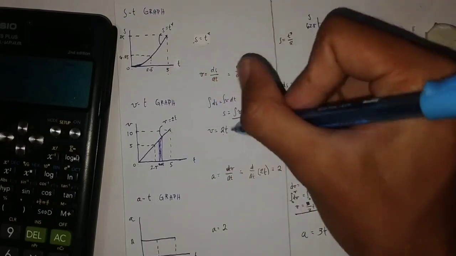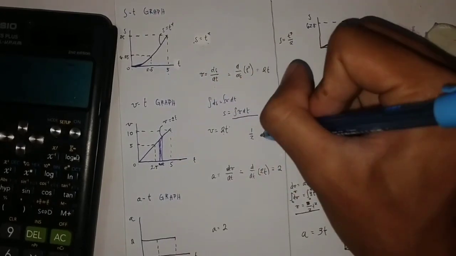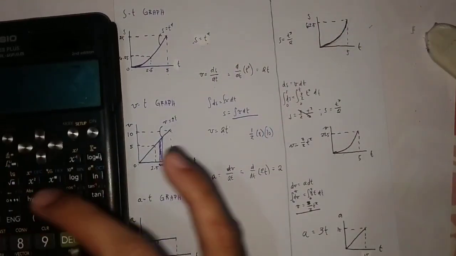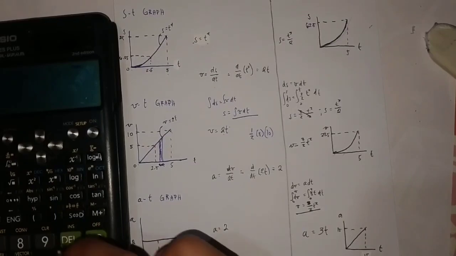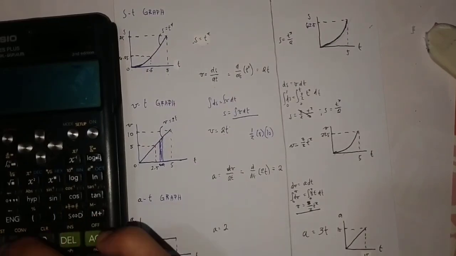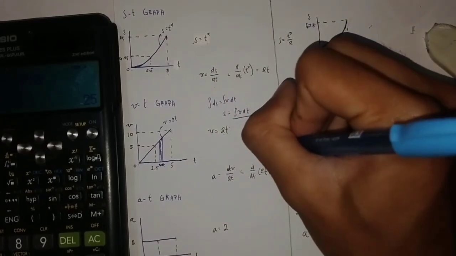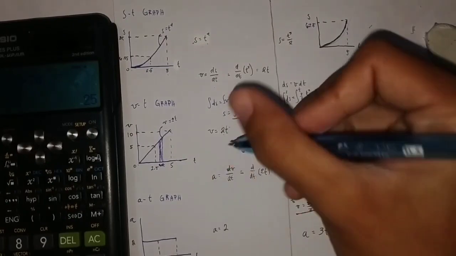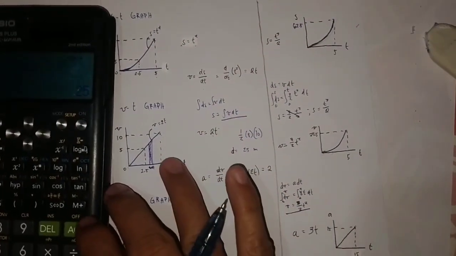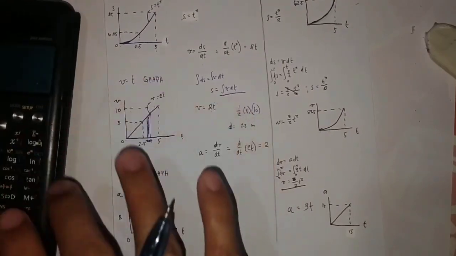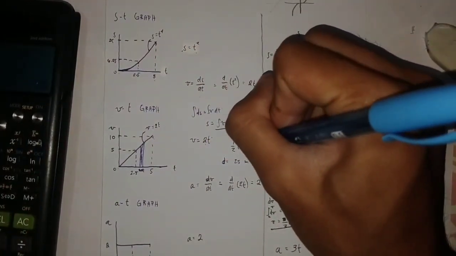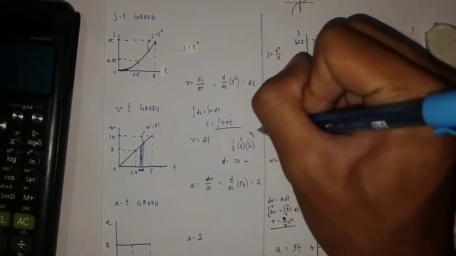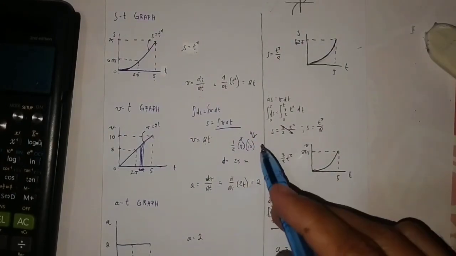So in here, its total distance traveled is 1/2 times 5 times 10. Computing that, we have 25. So its total distance traveled is equal to 25 meters. You can also use dimensional analysis here: the 5 is in seconds and the 10 is in meters per second, so seconds cancel out and we have meters left.